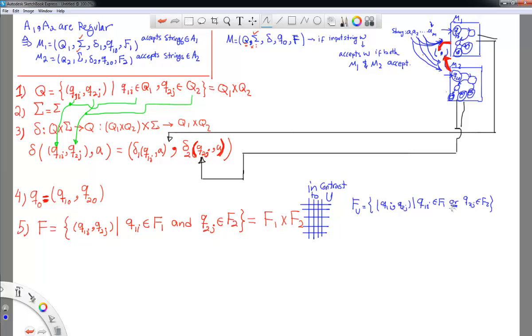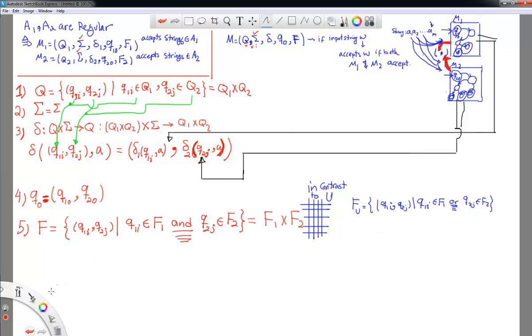Remember the difference was this or, and here we've got the and. So the set of ordered pairs of states of the intersection are those in which both states are accept states of the originals, whereas the set of accept states for the union is a pair of states in which either one of the two or both are accept states.